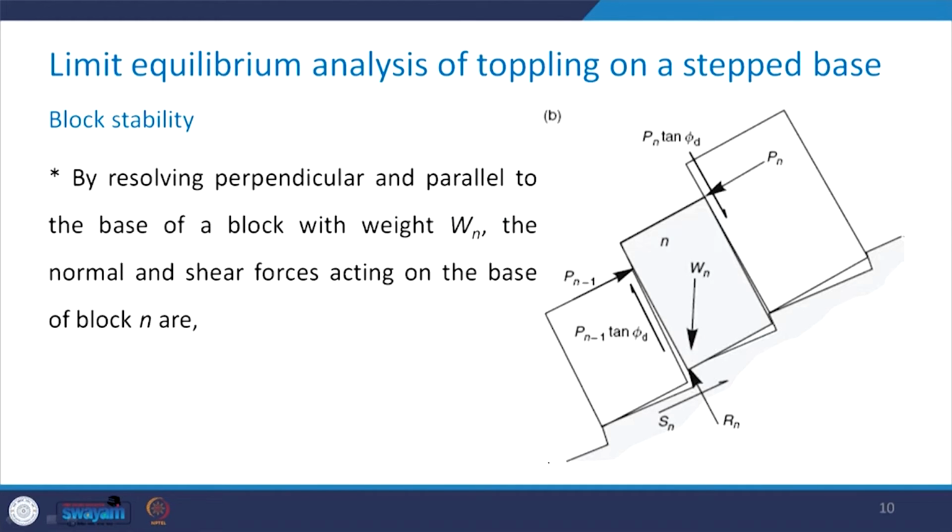Now, by resolving perpendicular and parallel to the base of a block with weight Wn, the normal and the shear force which will be acting at the base of the block, they can be obtained as Rn equal to Wn cos of psi p plus Pn minus Pn minus 1 tan of phi d.